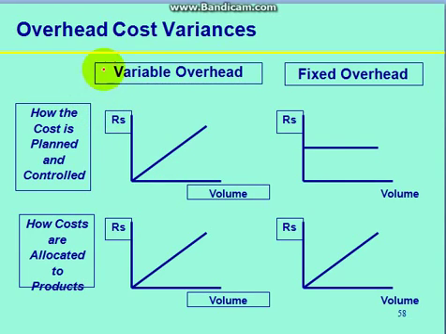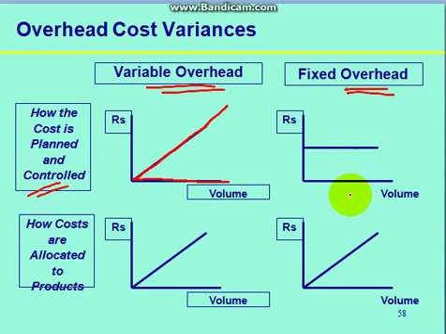So my dear friends, here is the graph which shows the difference between the variable overhead and the fixed overhead. Here the cost is being planned and controlled. In the variable overhead, you can see the volume. As the volume increases, the variable overhead increases.